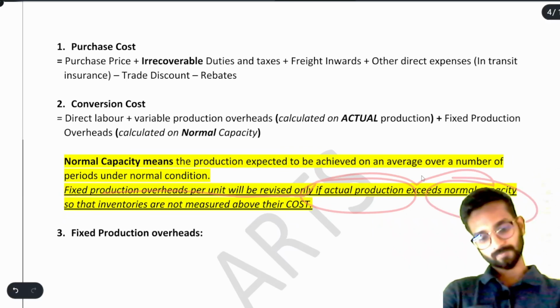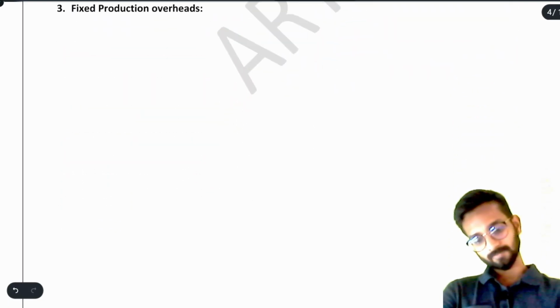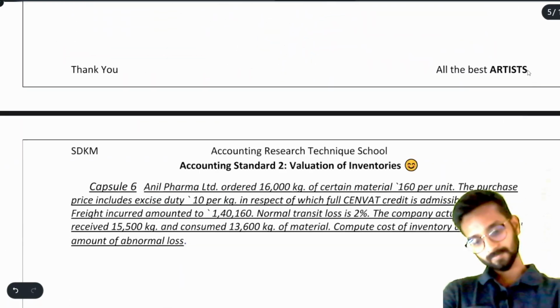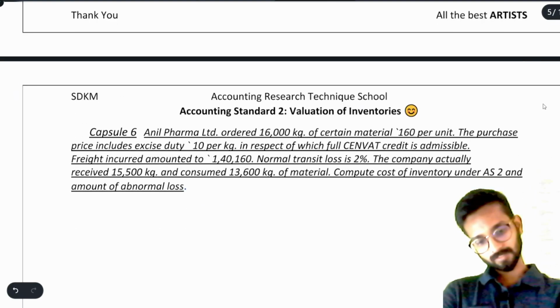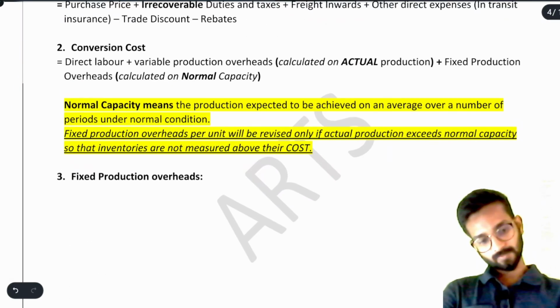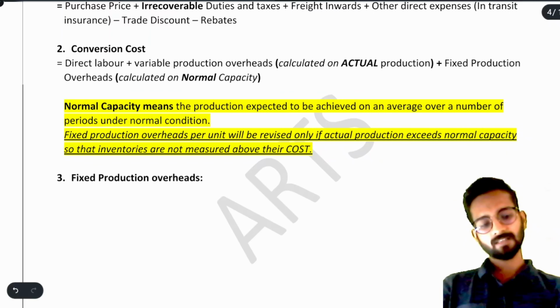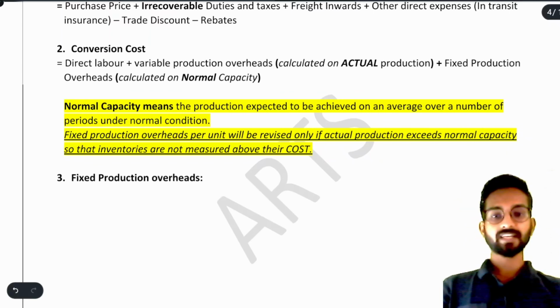Understood? Now, understand, what do we mean by fixed production overhead? These are nothing but fixed costs which are related to the production.